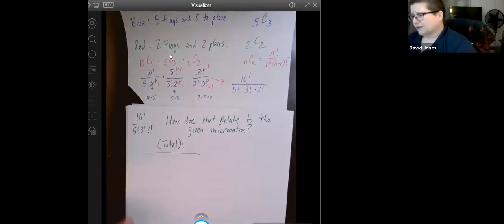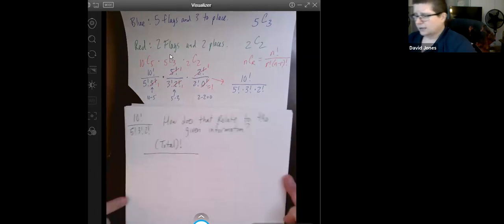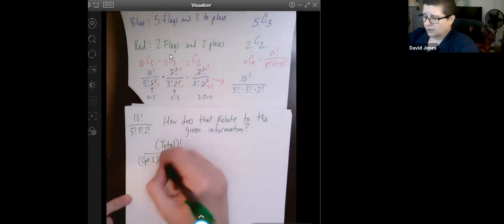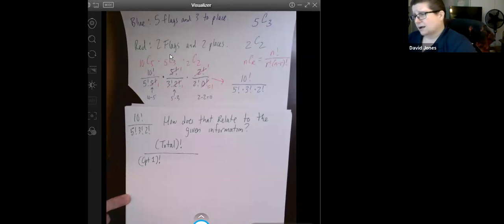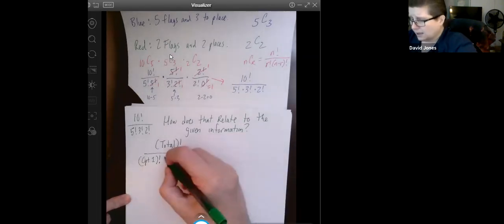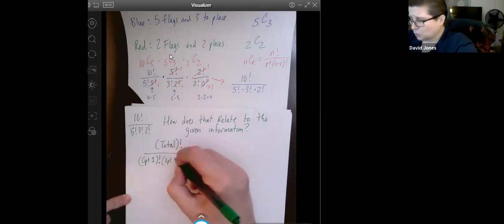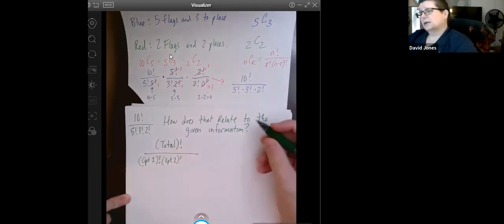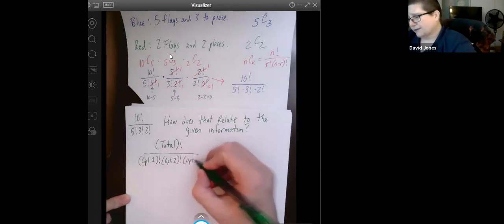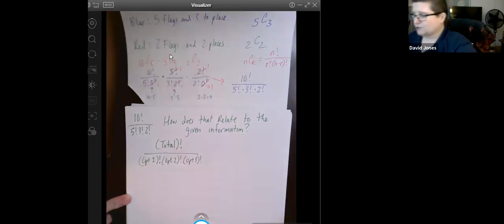And then my first flag option was white, so option 1 factorial. And then the next one is 3. Well, I had 3 blue flags, option 2 factorial. And then I had 2 red flags, option 3 factorial. That matches up with the 2 factorial.